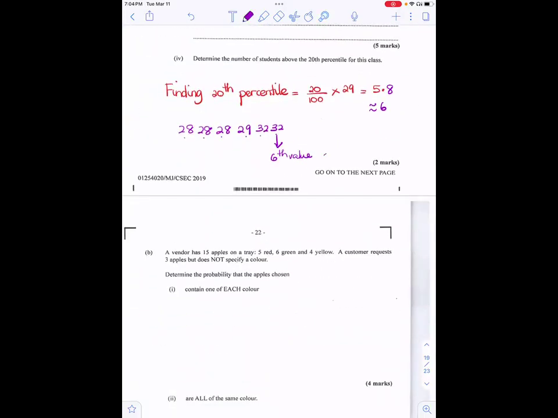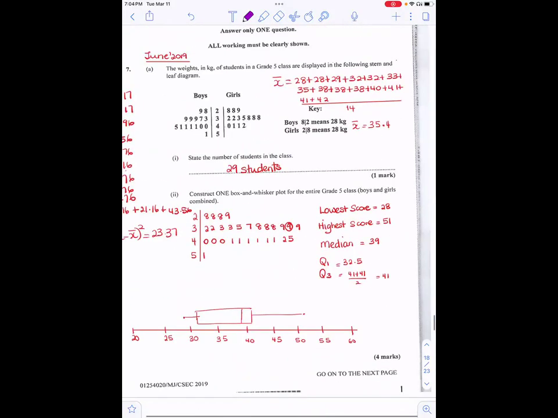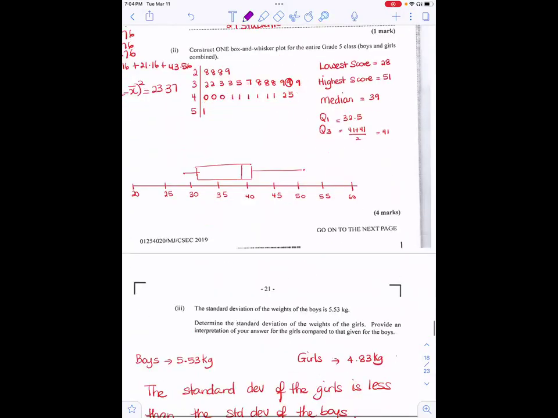So roughly 32 minus 6. Let's see. 1, 2, 3, 4, 5, 6. So we have 1, 2, 3, 6, 7, 8, 9, 10, 16, 17, 18, 19, 20, 21, 22. So it's 29.